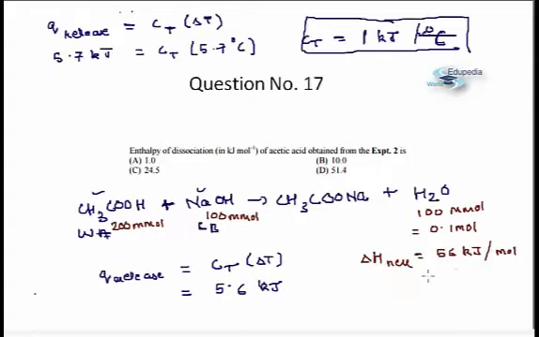So this 1 kilojoule would have been definitely utilized by acetic acid for its dissociation. So that would be my enthalpy of dissociation, that is the value of delta H dissociation would come out to be 1 kilojoule per mole. So that means my answer would be A for this question.